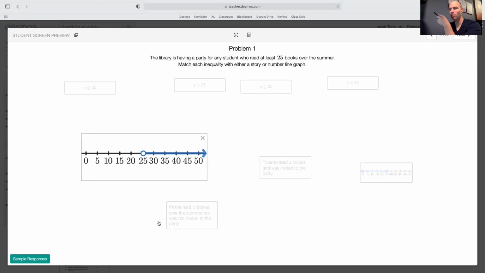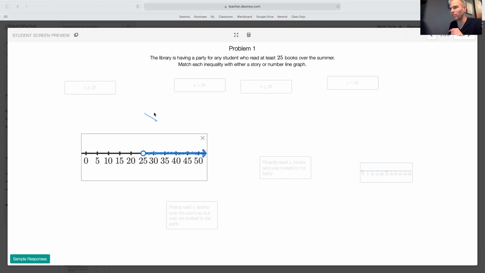I see that the circle over 25 is not colored in, or what we call an open circle. That means whatever inequality this goes with is not going to have the little equal bar under its symbol, right? These are all the values that are greater than 25, but not 25 itself, because it's not colored in.